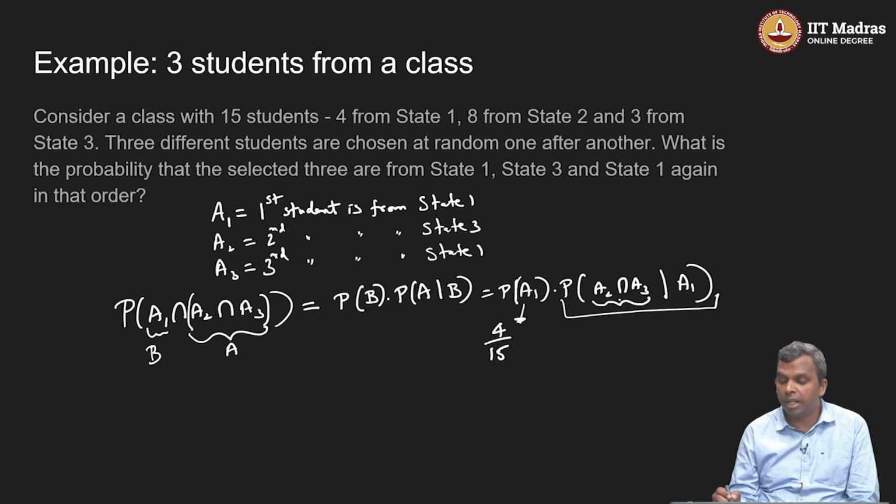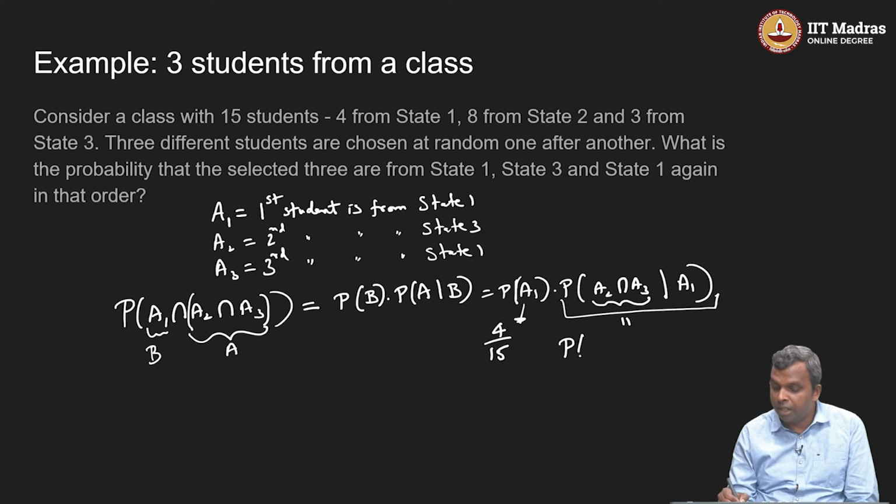Probability of A2 intersect A3 given A1. This looks a little complicated, but remember, this is in the conditional probability space given A1, but it is also a probability space. I can further do the same conditioning trick that I did before. So I'll write down how I do this. This guy can be written as probability of A2 given A1.